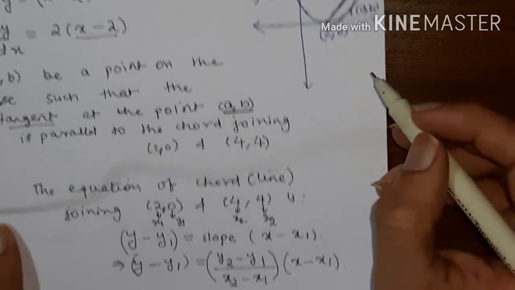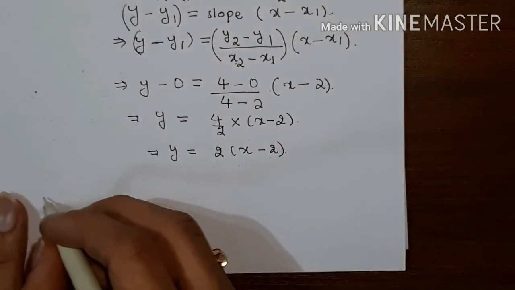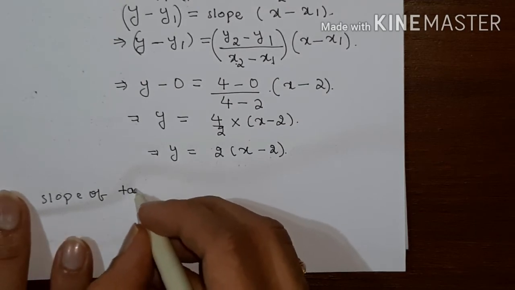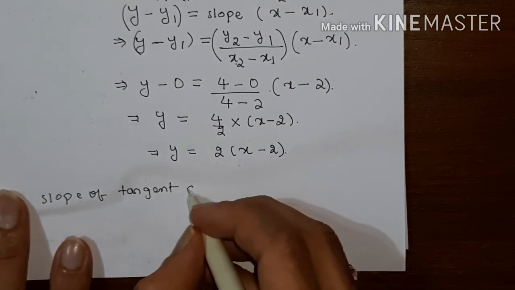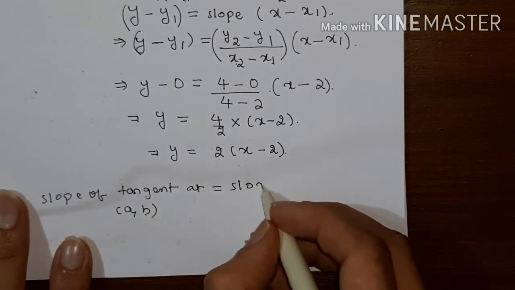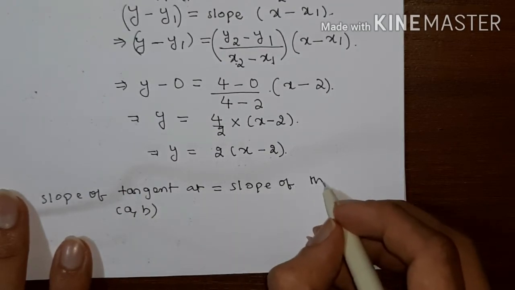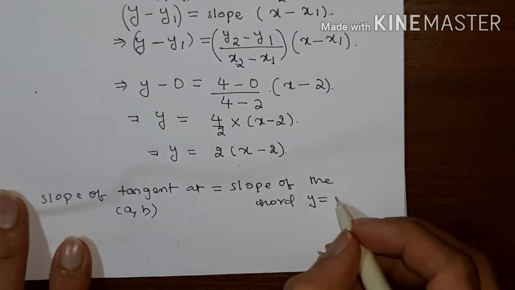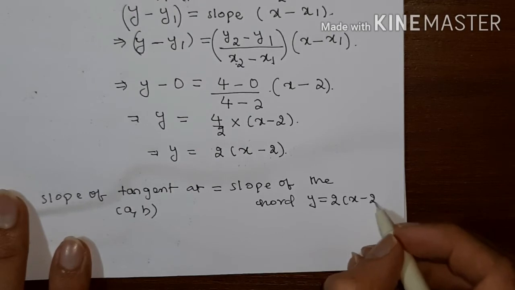So the slope of the tangent at a comma b is equal to the slope of the chord, y equal to 2 times x minus 2.